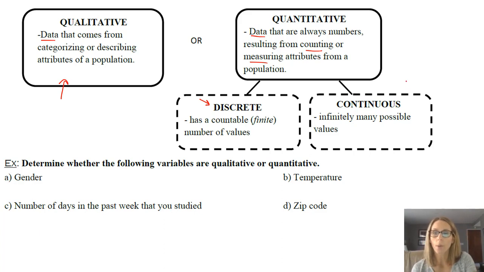There is a certain number of Starbucks in the United States. Now that's opposed to continuous. So when we're talking about continuous, there's infinitely many possible values. So when we talk about continuous, we might say something like someone's height. Now you might think, but somebody's height, like I'm like 5'6". Well, that's true, but that's really because we're rounding it.